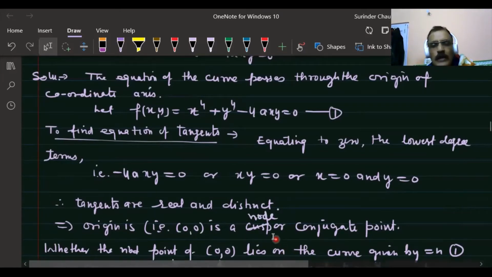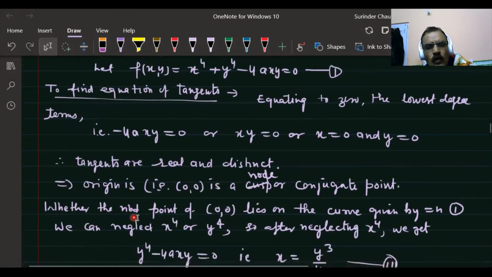Now to decide whether it's a node or conjugate point, we check whether the neighborhood of point O lies on the curve of the given equation. First, we can neglect either x4 or y4.